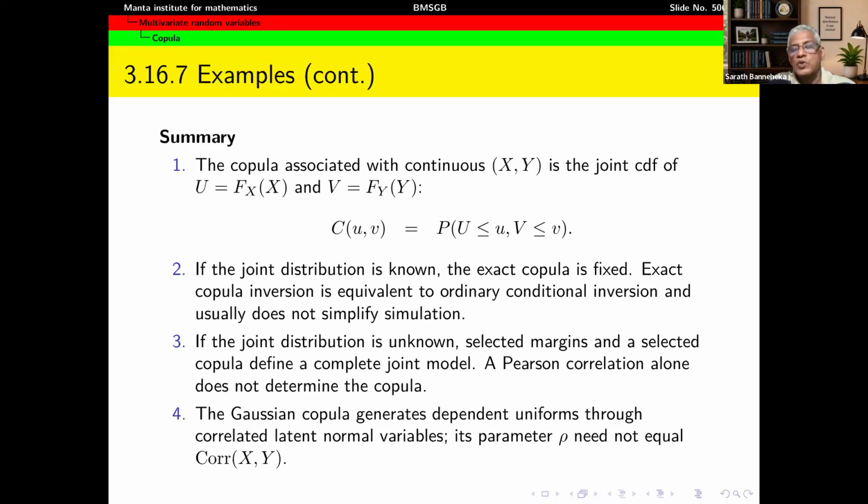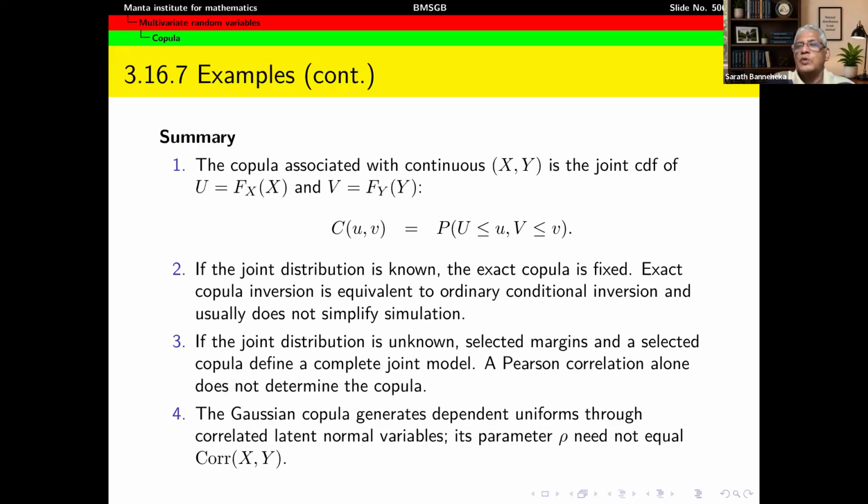If the joint distribution is known, of course, then we don't need the copula method to generate data. In that case, we can use the previous method that we discussed in a previous lecture. From the known joint cumulative distribution function, we can get the conditional density function of Y given X, right?